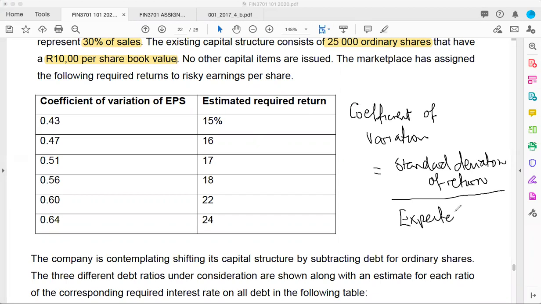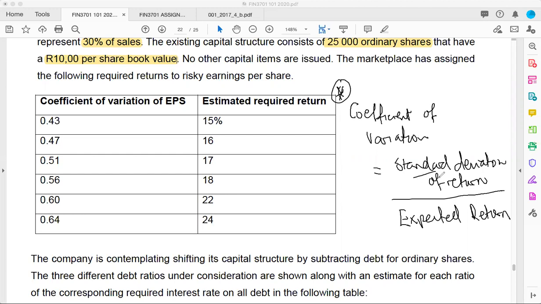You touched on this in FIN2601, but for most of you, it might have been some years back. But the coefficient of variation is simply the standard deviation of returns over the expected return.